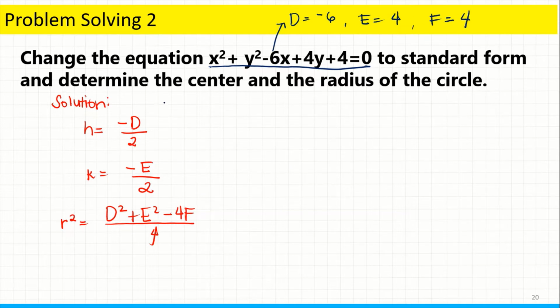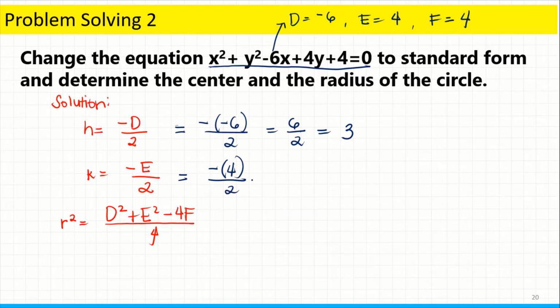Then h is equal to negative negative 6 over 2, so we have positive 6 over 2, which is equal to positive 3. And then k is equal to negative E over 2, which is negative positive 4 over 2, so we have negative 4 over 2, that is negative 2.